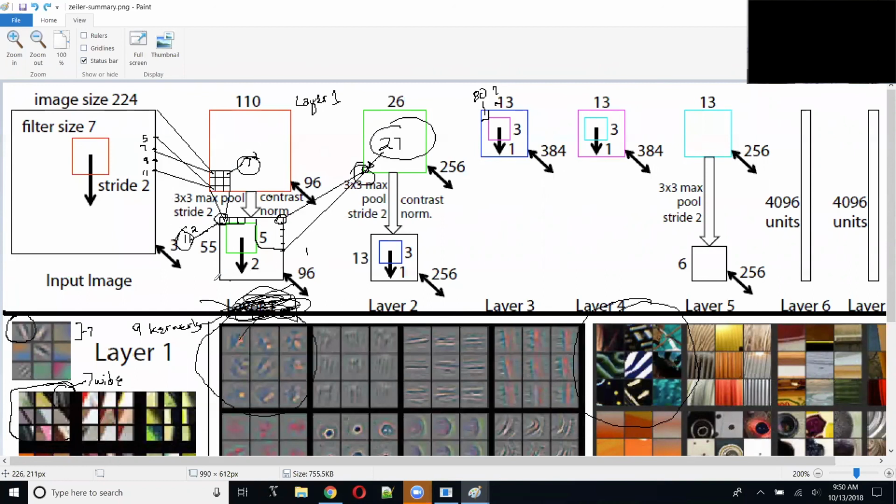An X and a Y. And there's another dimension in the number of neurons, or feature maps. There's 96 of these here.